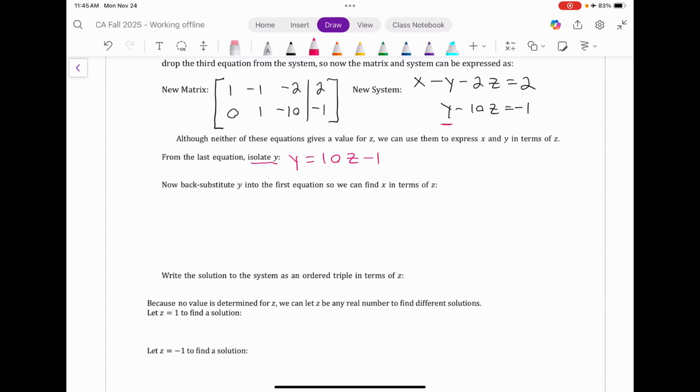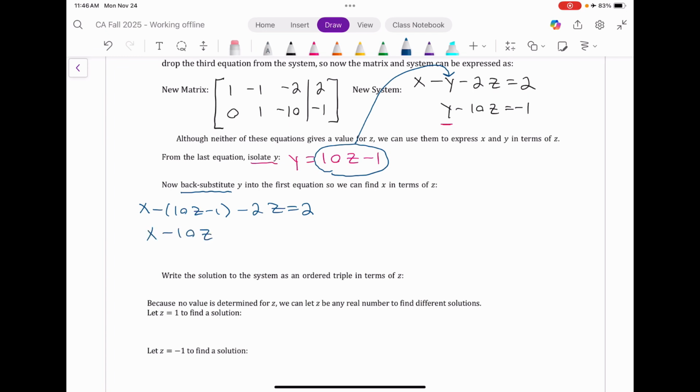And then we do some back substitution to get x. We take this expression for y and plug it into the y in the first equation. So we get x minus (10z minus 1) minus 2z equals 2. And we solve for x.